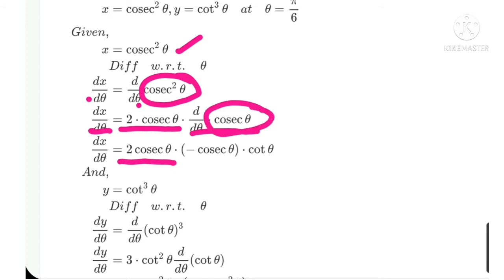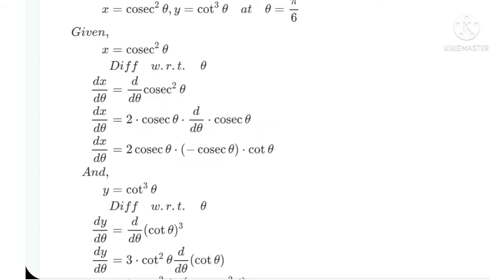I had told you, if you remember the fundamental formulas, then you can easily solve all types of derivative questions. If you have not recited them, first recite the formulas and then go to the examples. The derivative of cosec x is minus cosec x into cot x. So finally we get dx by d theta is equal to 2 cosec theta into minus cosec theta into cot theta.